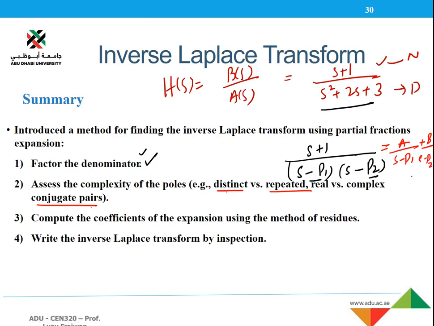Depending on the pole characteristics, you may get distinct poles, for example s minus 1 and s minus 2, or repeated poles like this, or complex conjugate poles. Depending on the poles we calculate the coefficient values, and once you know them, we apply the Laplace transform pairs, the same procedure as with the Fourier transform, and we can calculate the inverse Laplace.